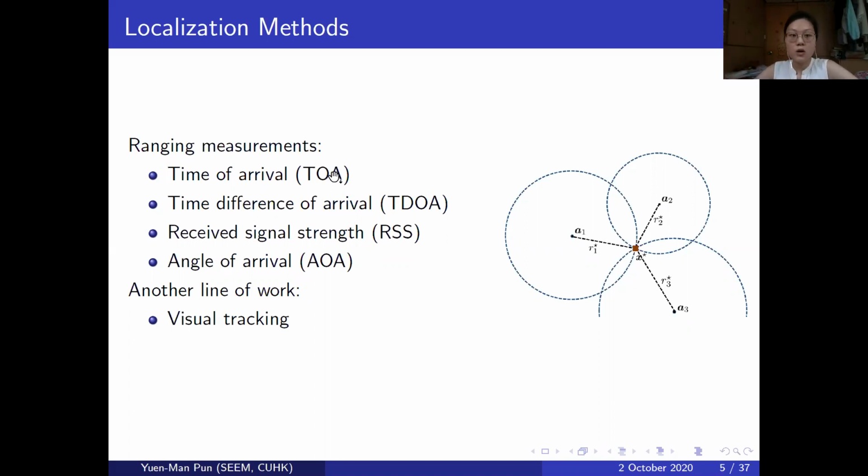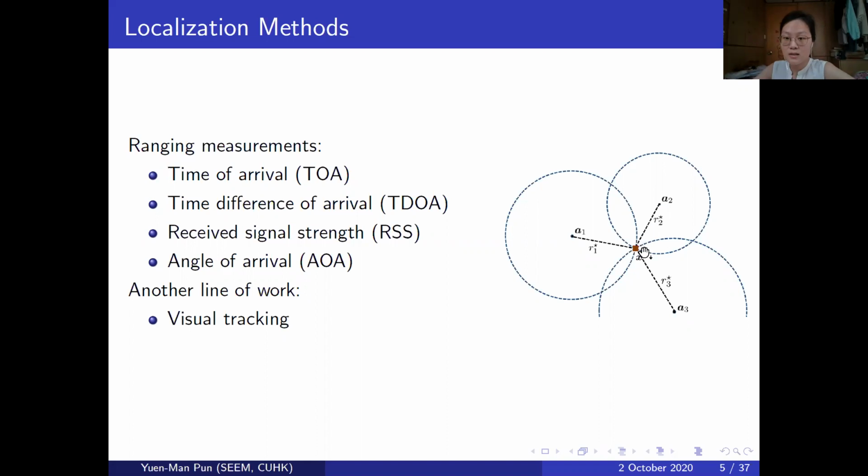So in our talk, we'll talk about TOA measurements, which is the main measurement often used in IR-UWB technology. Another line of work is visual tracking, where we track some items via a series of images. But this will not be the focus of today.